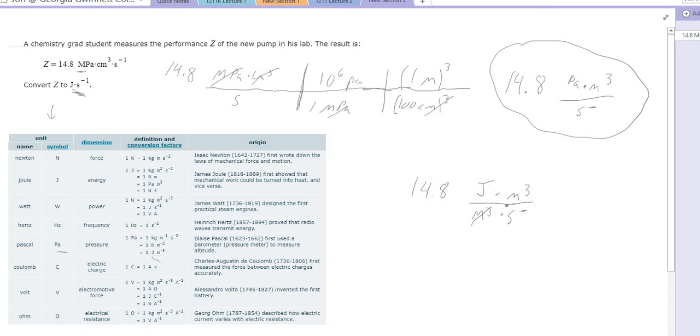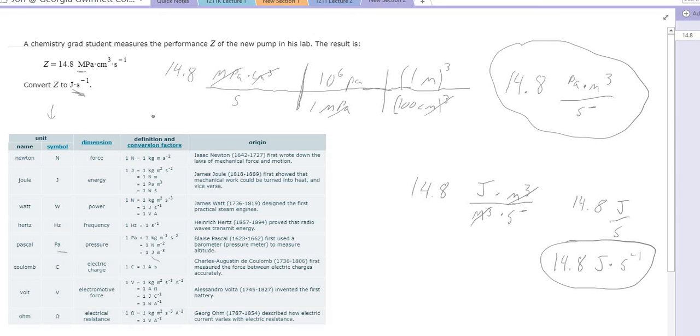Those meters cubed are going to cancel out, and so now I'm left with 14.8 joules per second. And we also write that, if we're writing a sentence or something, 14.8 joules seconds to the minus 1.